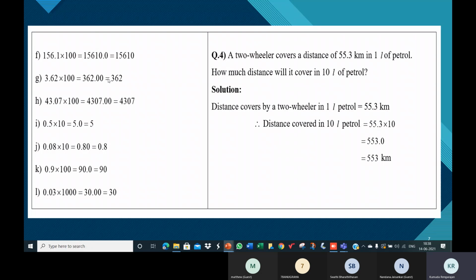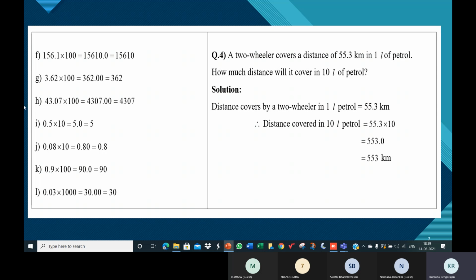Then look at the decimal point: 3.62 has 2 decimal places, so the product must have 2 digits after the decimal point. But since the 2 digits after the decimal point are zeros, you can take them away and write 362.